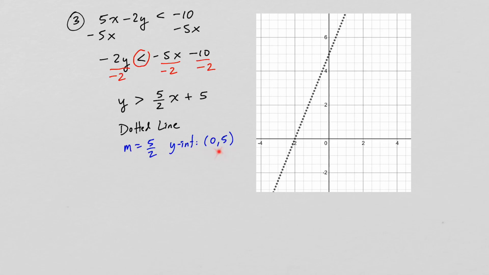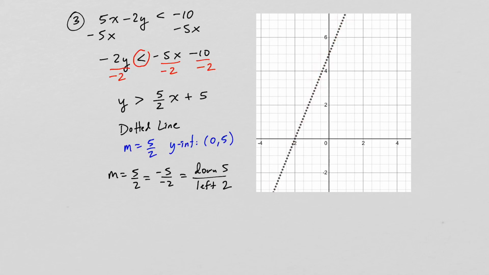Notice the y-intercept is 5, and the slope is up 5/2, which we actually can't see going this direction. But remember, if the slope is 5/2, that's the same as -5/-2, which means down 5, left 2. And so from the y-intercept of (0, 5), we can go down 5 to the left 2, and that's our other point on the line. And then we graph a dotted line through those 2 points.